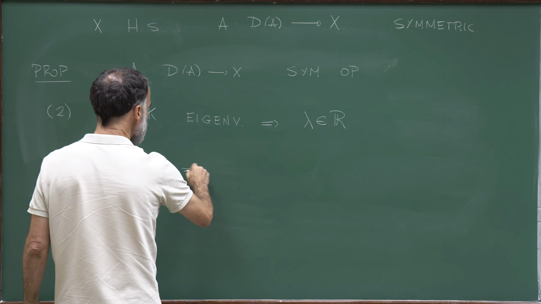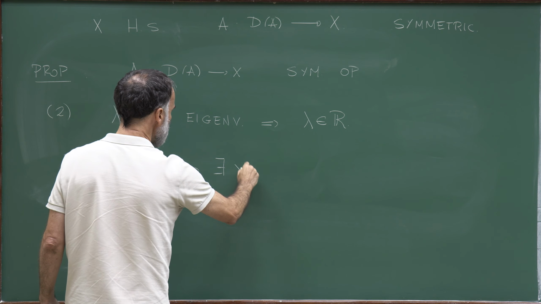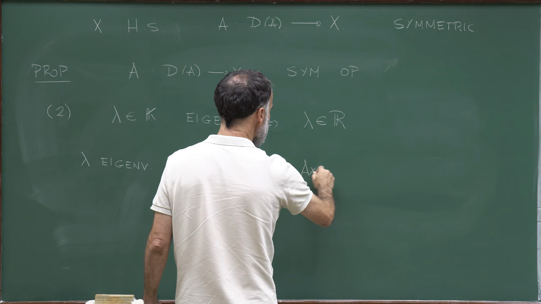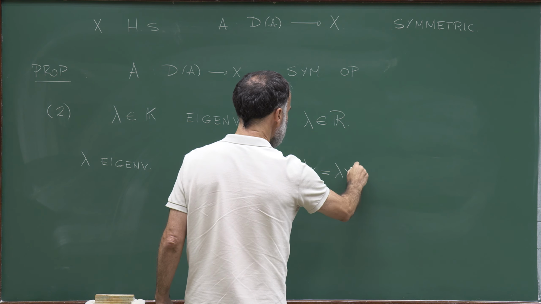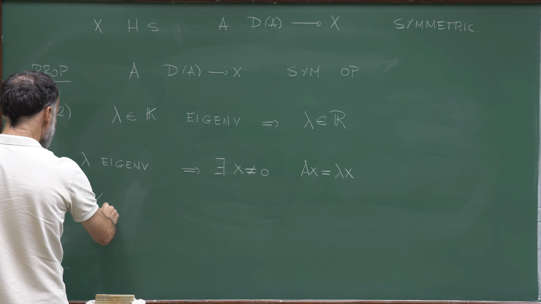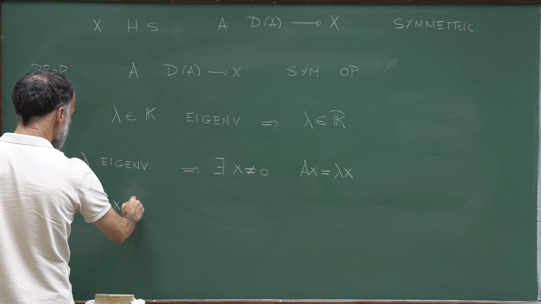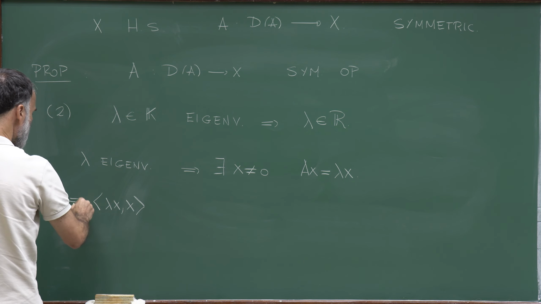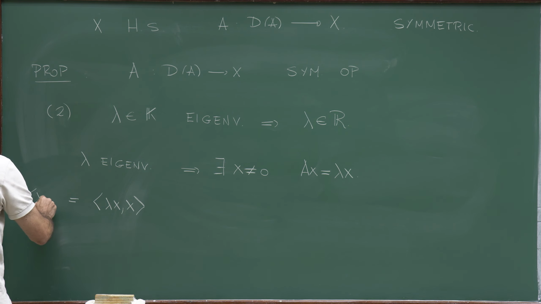This means that there exists x in X different from 0 such that Ax is equal to lambda x. Therefore, if I take (lambda x, x), well, on the one hand, by linearity, this is equal to lambda (x, x).